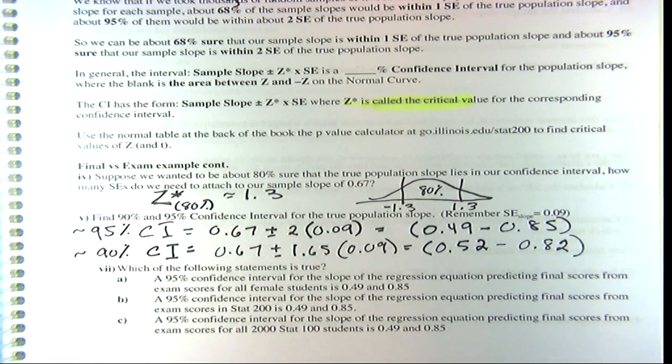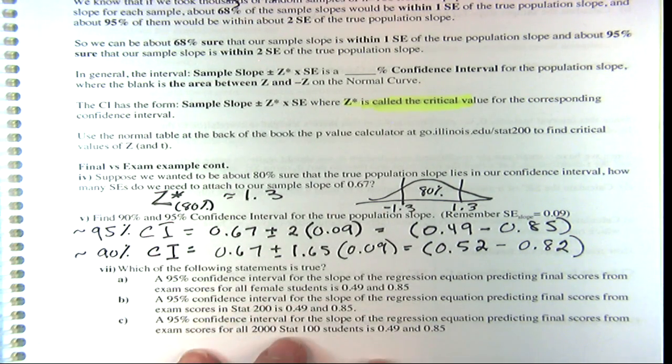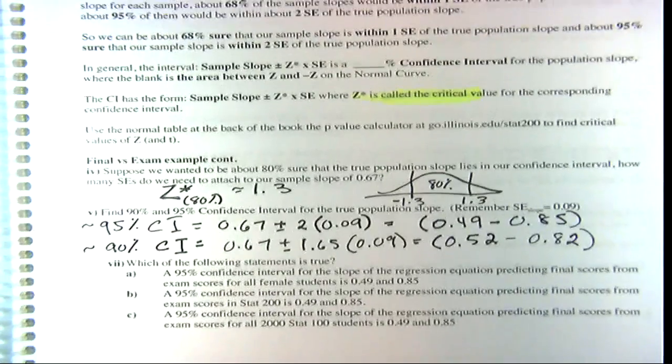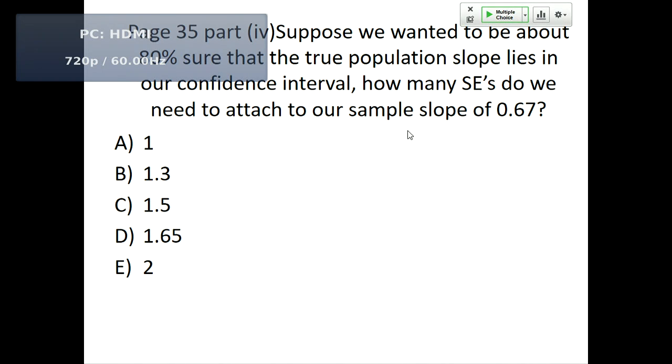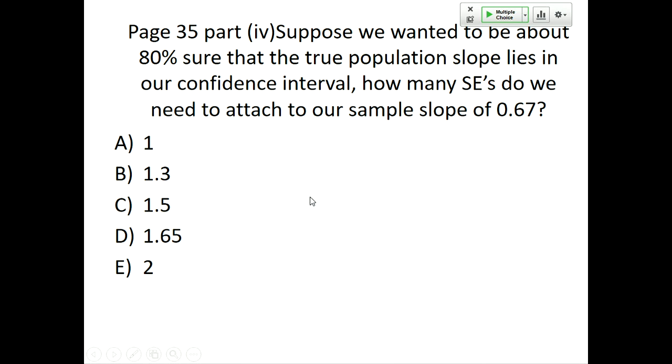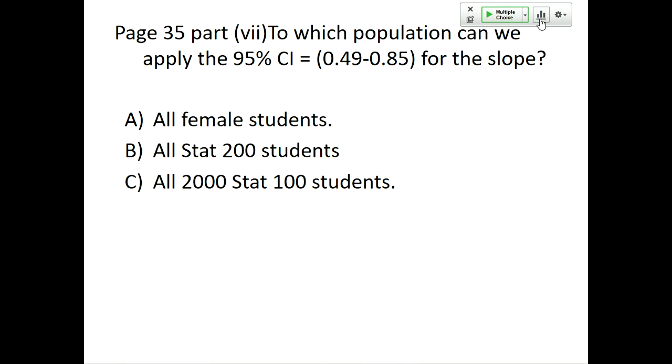So now let's look at this question. We'll do another iClicker. Read this question and question part 7 on page 35, and let's make sure you understand to which population a confidence interval can be applied.